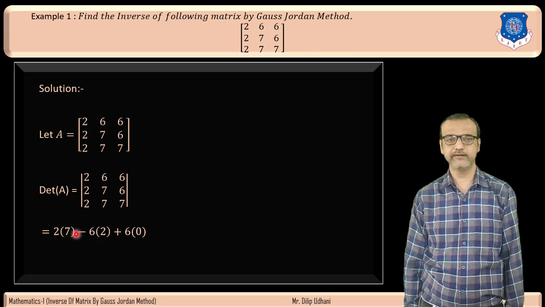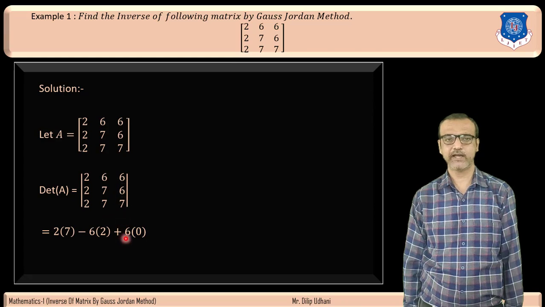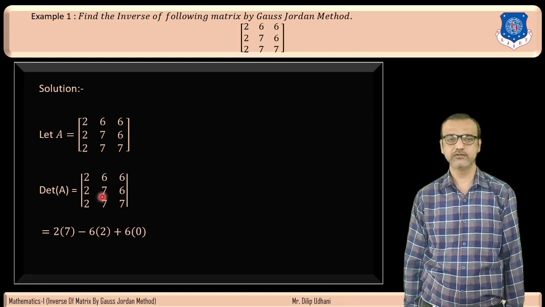Then for the entry 6, the minor is 2 6, 2 7: 2 times 7 is 14, minus 2 times 6 is 12, and 14 minus 12 is 2. And for the last entry 6, its minor is 2 7, 2 7: 2 times 7 is 14, minus 2 times 7 is 14, and 14 minus 14 is 0.